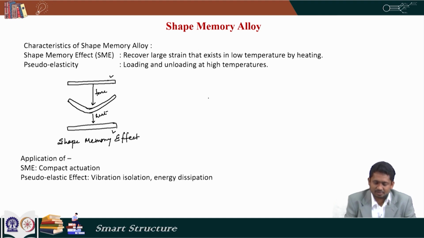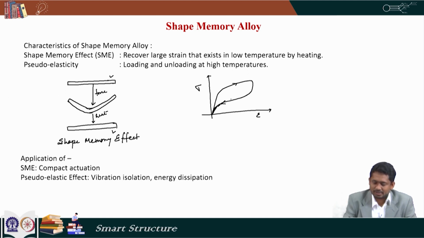Now, there is another effect called pseudo elasticity, that is called sometimes super elasticity also. So, under some conditions, under some temperature condition, under some stress range, the stress strain behavior of this material looks like this. So, the loading path is this, while unloading it comes back through this path and it comes back to where it started.